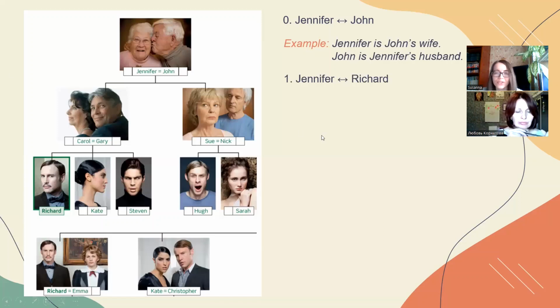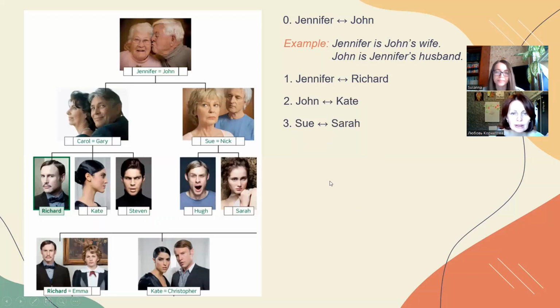Correct. So next one, John and Kate. John is Kate's grandpa. Kate is John's granddaughter. Yes, correct. So next one is Sue and Sarah.